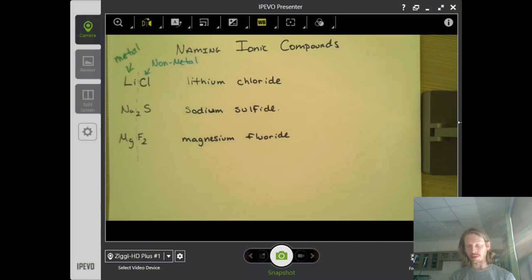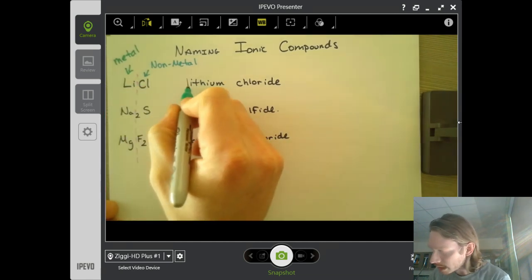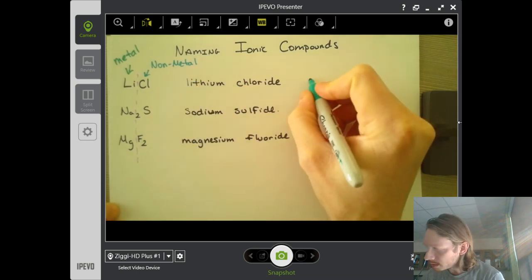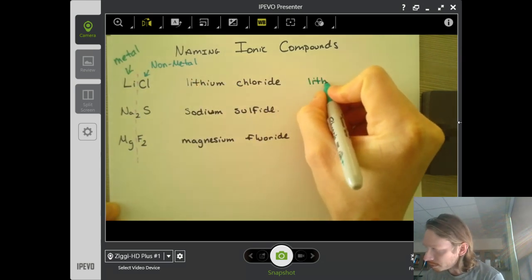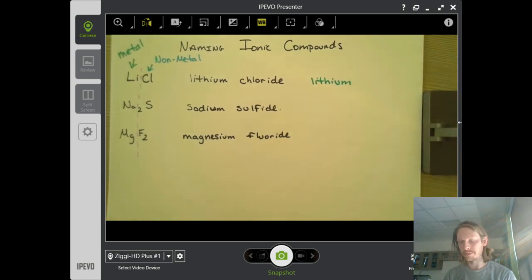Now let's talk about the name. What we'll notice is that the metal, let's start with lithium, is just the full name of lithium, right off the periodic table. Then chlorine, Cl, has been changed a little bit.